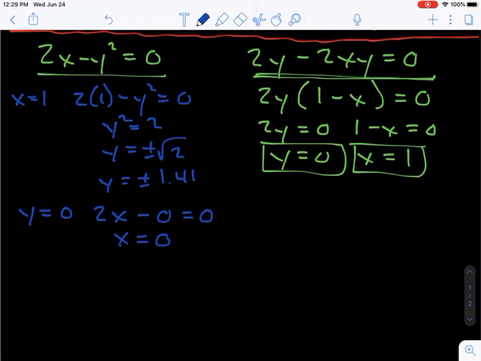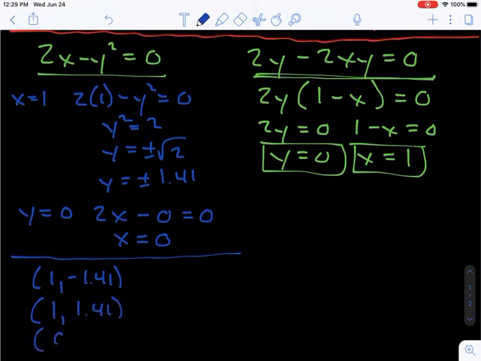So what this tells me is that when x is equal to 1, I get a y value of negative 1.41 or positive 1.41. And when y is equal to 0, I get x equal to 0.